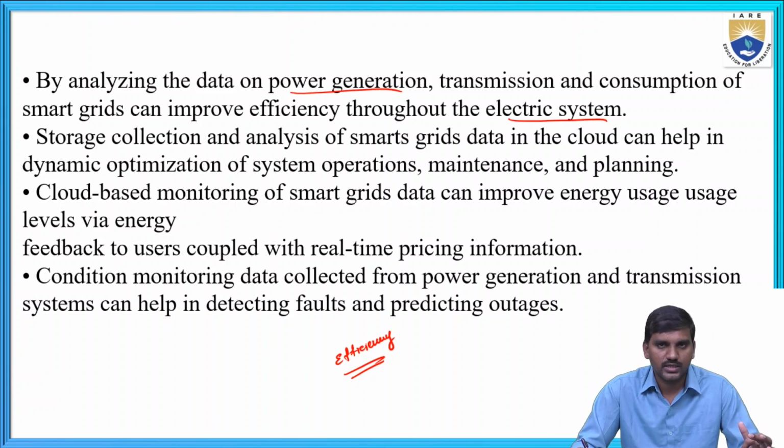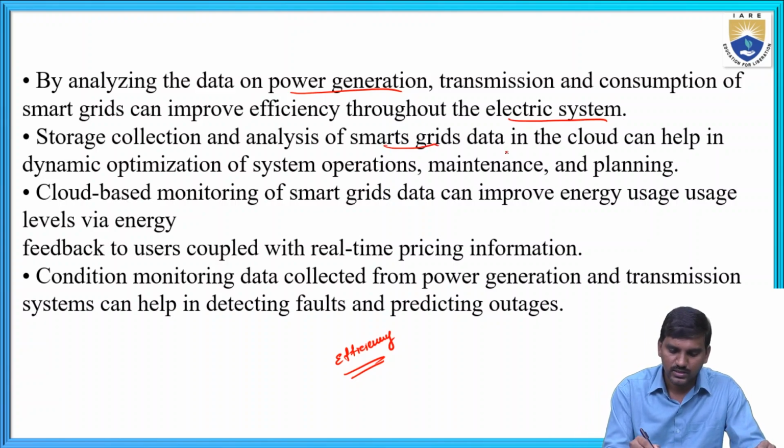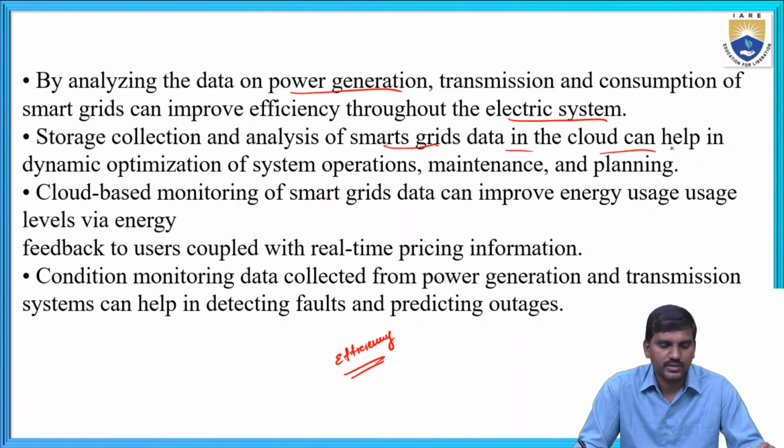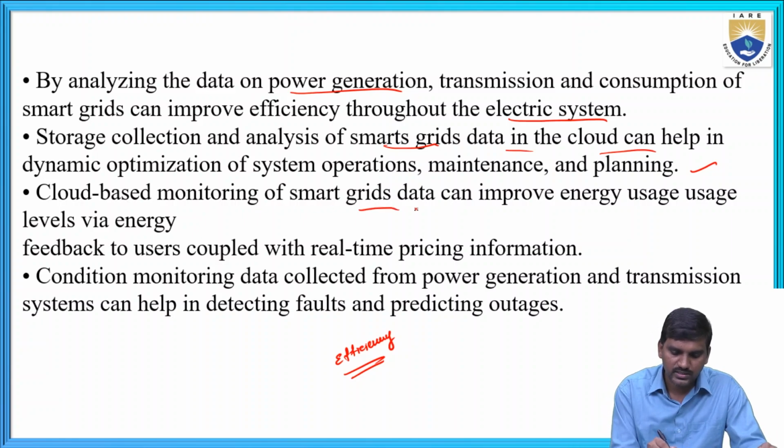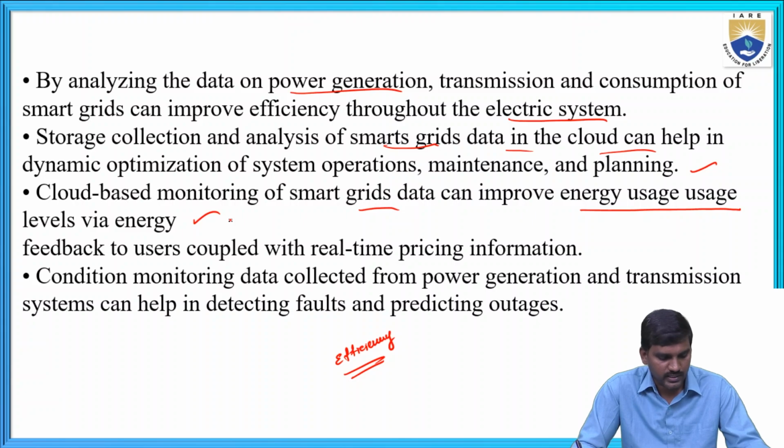Storage, collection, and analysis of smart grid data in the cloud can help in dynamic optimization of system operations, maintenance, and planning. Cloud-based monitoring of smart grid data can improve energy usage levels. That is one advantage.